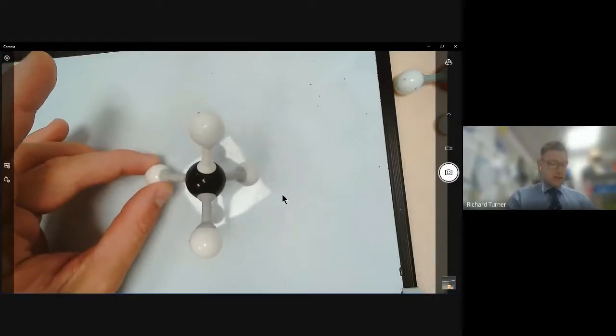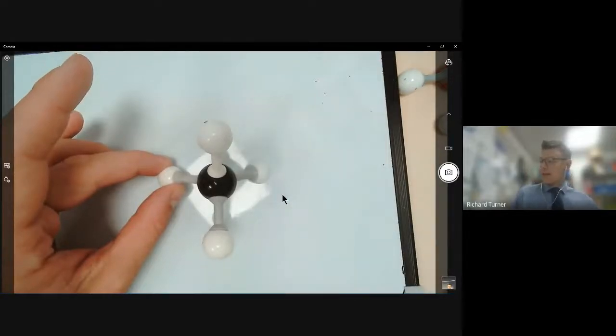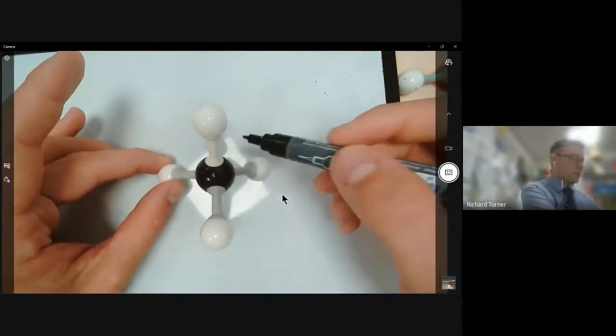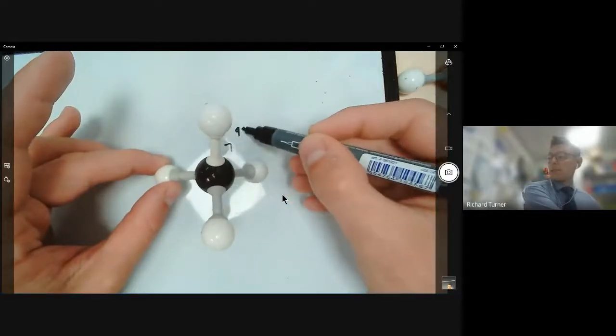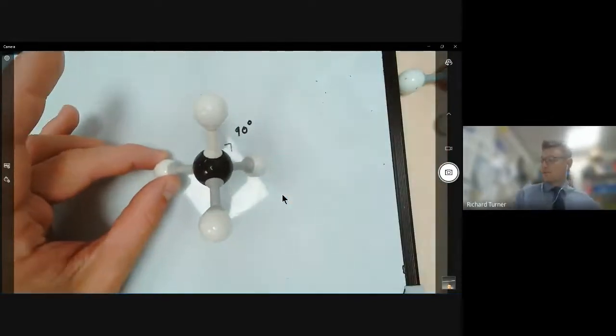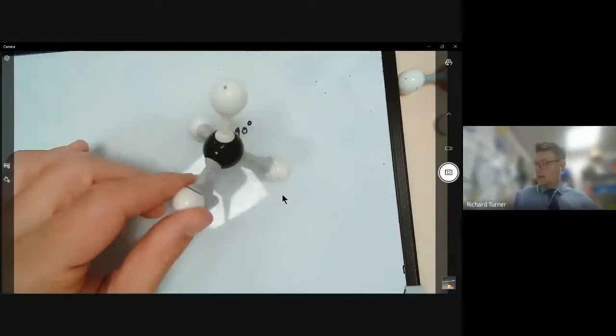And here, you can almost see that if you look there, the bond angle, in this representation, is 90 degrees, okay? But as you can see, that clearly isn't the case.